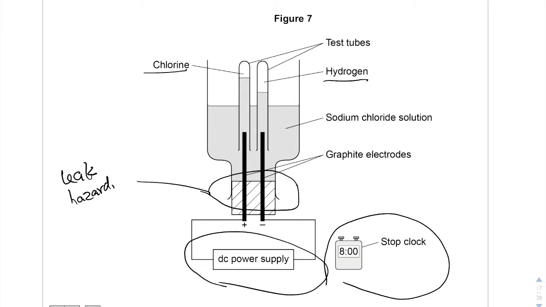Then you look at the solution itself, sodium chloride, which is what you want to react. That's fine. Graphite electrodes, they do conduct electricity. That's fine. Now for the last apparatus, which is what the question is basically getting at, there's a reason why I started from the bottom, because I know the correct answer is up top.